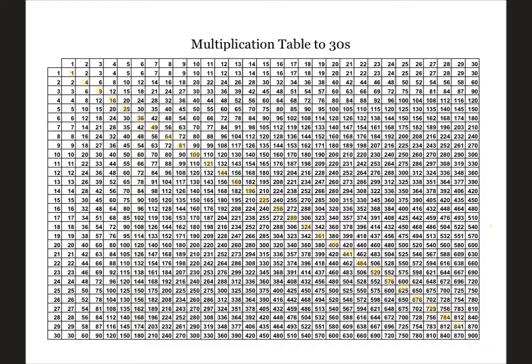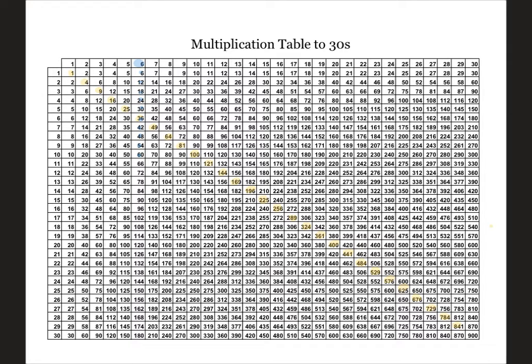If you look at any line, any given number, 6 times 1, 2, 3, 4, 5, 6, 7, 8, 9, 10, and on, all the way up to 30. As you're thinking about multiplying numbers, this is going to be helpful with finding any of your multiples.